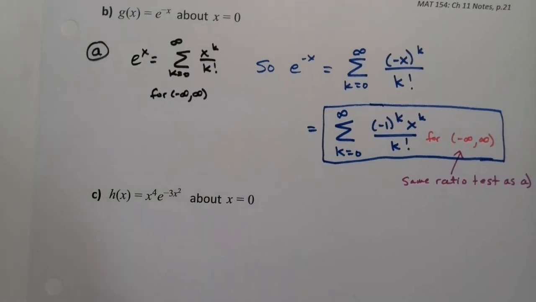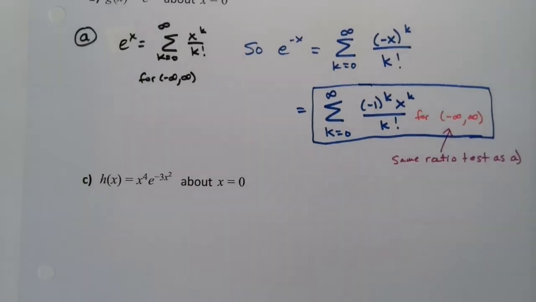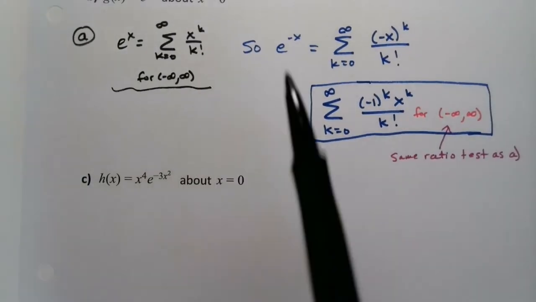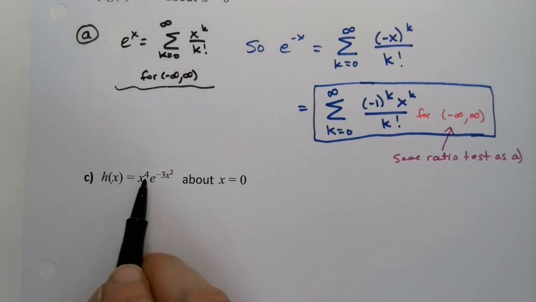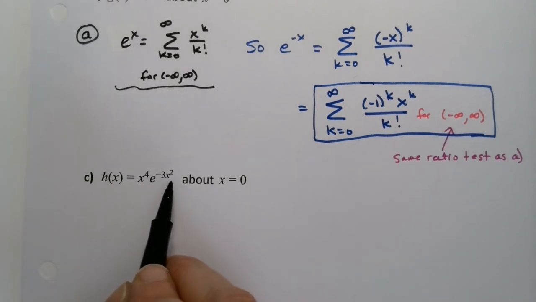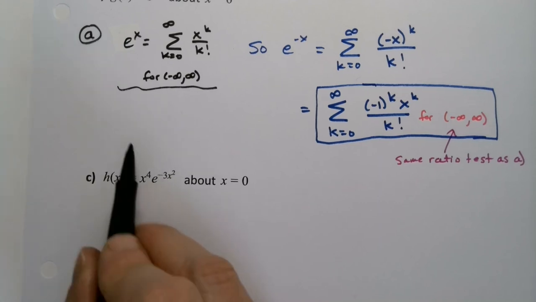Now, how will we modify that for this one? Well, keep in mind, this is still the formula for e to the x. So h of x would be x to the 4th e to the negative x cubed. So that's taking the e to the negative x.